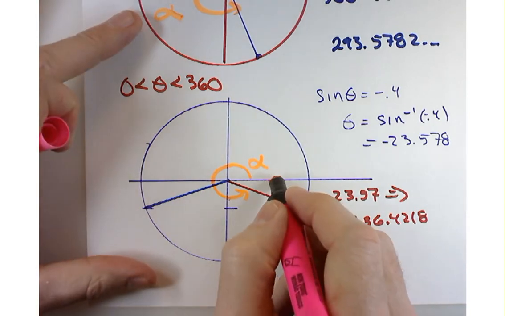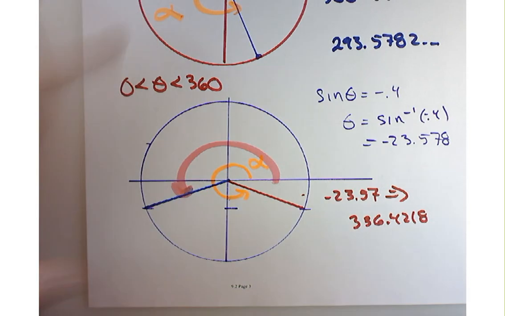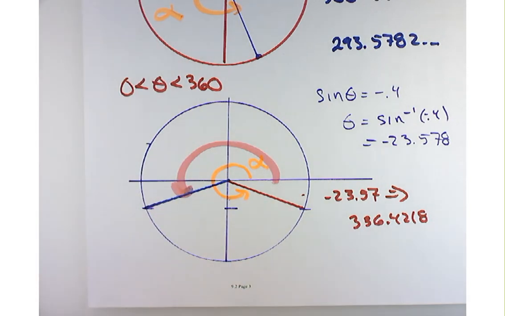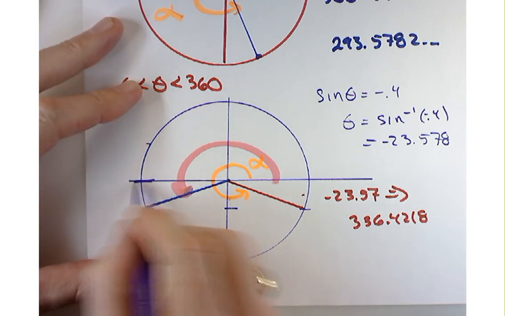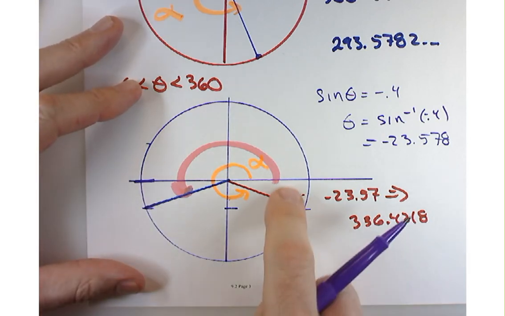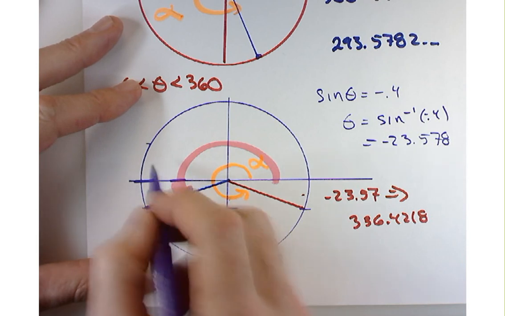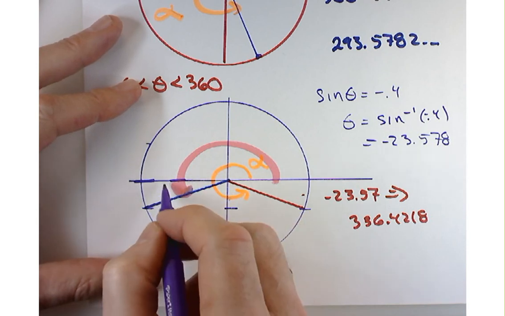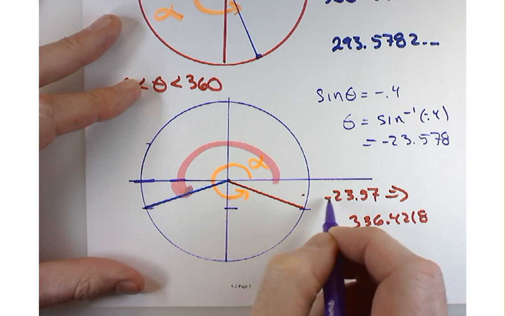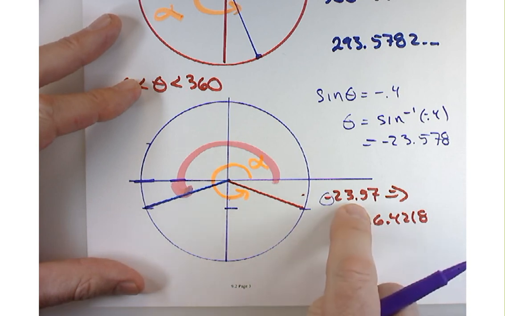So basically, I want to go here, right? 180 plus 23 point, yep. I know this much right here, that's my 180. And then I know this little bit is really positive 23.5782.